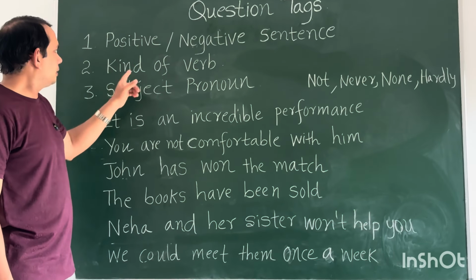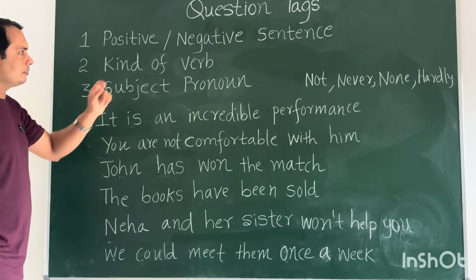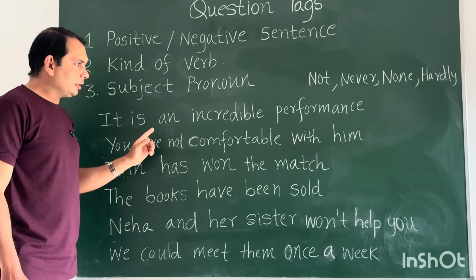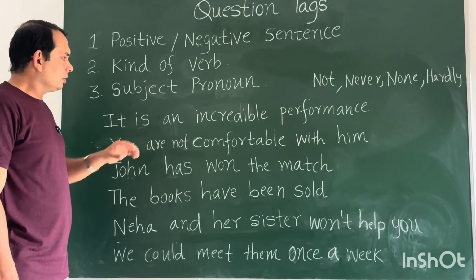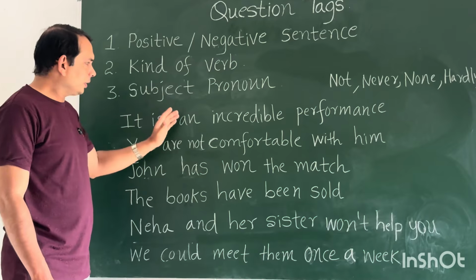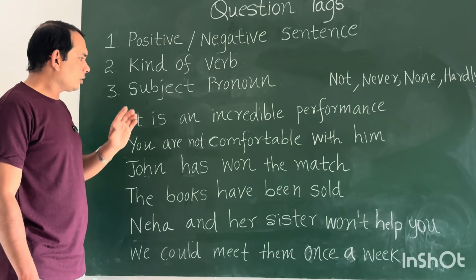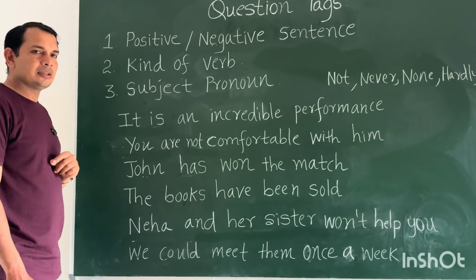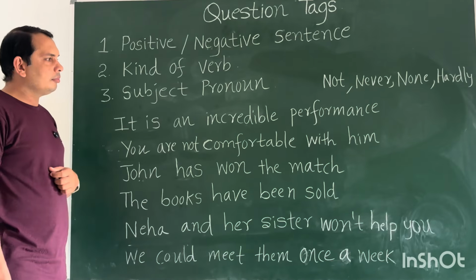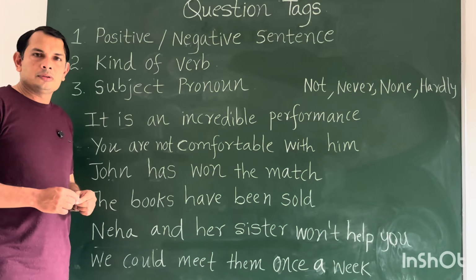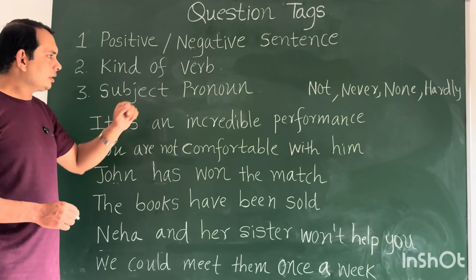That is one point. Let's go to the second point, kind of the verb. We need to find out, before adding question tags to sentences, whether the verb used in the sentence is an auxiliary verb or a modal verb. Point number 3 is subject pronoun.